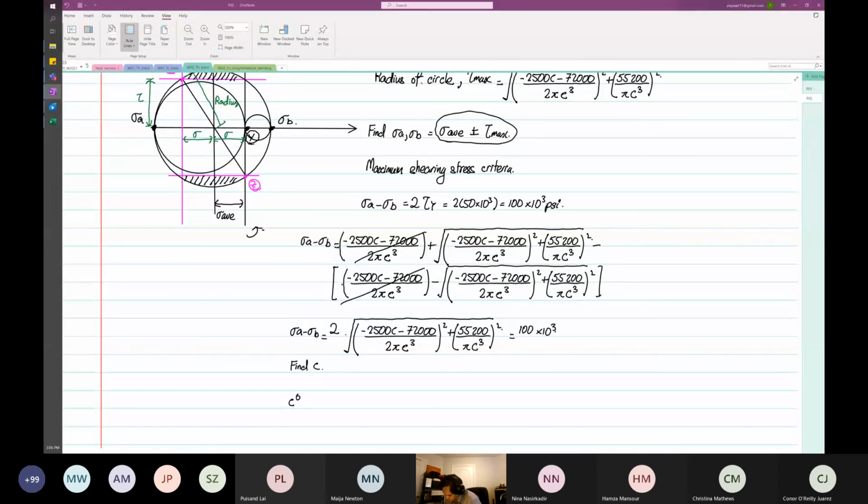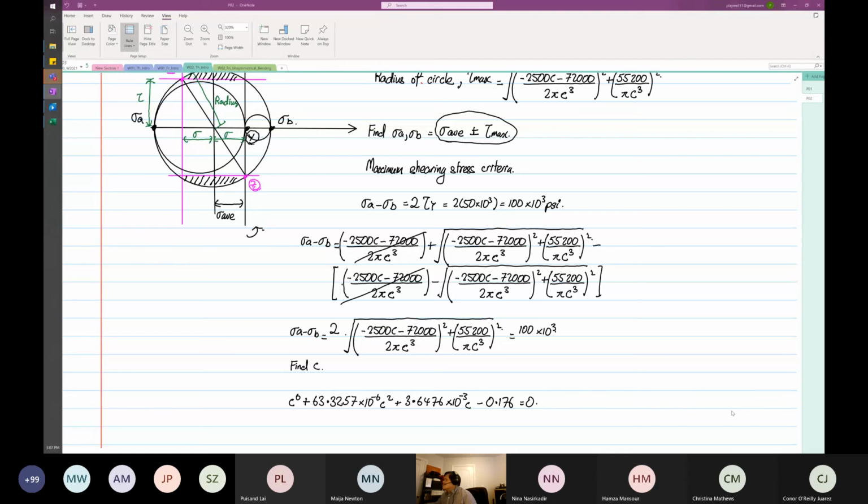So the equation you get is C to the power 6 plus 63.3257 times 10 to the power minus 6 C squared plus 3.6476 times 10 to the power minus 3 C, and then we're going to minus 0.176, which is equal to 0.